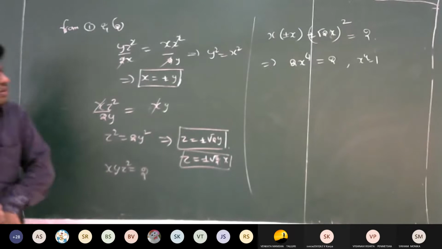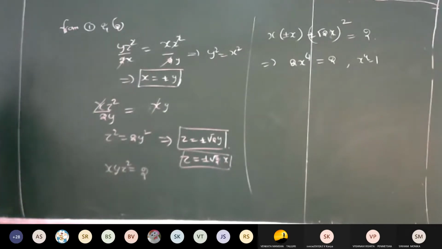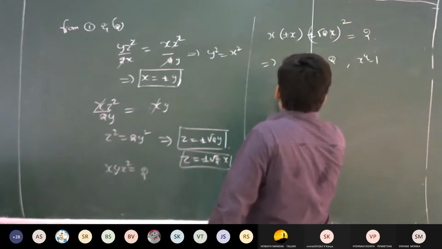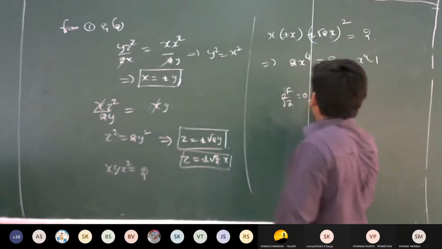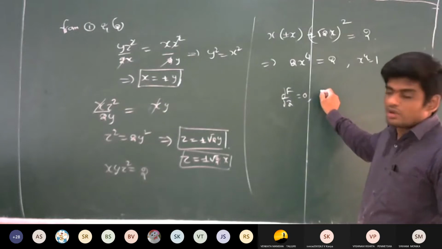Here lambda is equal to minus xy. Please check that one, dou f by dou z is equal to 0. What is the value of dou f by dou z?